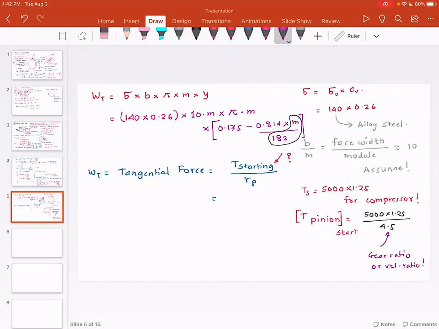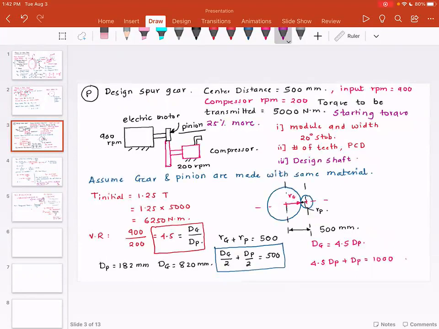Now, what is happening? The amount of torque that is needed to run the compressor is significantly higher. So what we are doing is reducing the angular velocity so that the torque can be increased. As you can see, power is constant. We have T1 omega 1 equal to T2 omega 2. This is the fundamental equation that we discussed earlier. This is on the compressor, and this is on the electric motor.